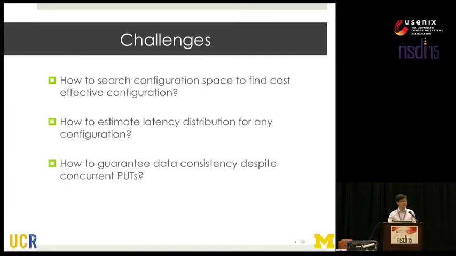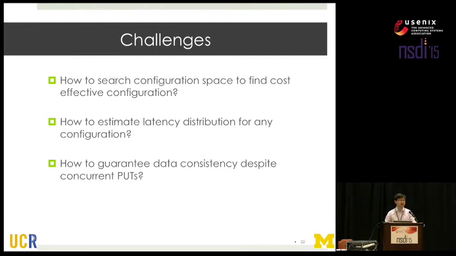But it is not only costly, but also impossible for CosTLO to measure the latency distribution for every configuration. Therefore, it is critical that CosTLO is able to estimate rather than measure the latency distribution for any particular configuration. And data consistency is another challenge, because now multiple copies of data may be used by the applications, so how can CosTLO guarantee good data consistency despite concurrent inputs?